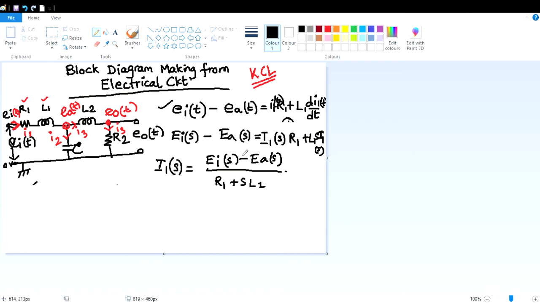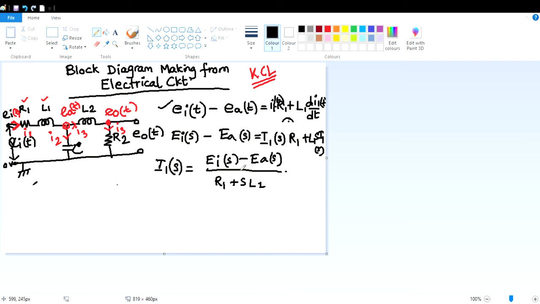Understood? Now if I want to draw this in form of a block diagram, how will I draw it?